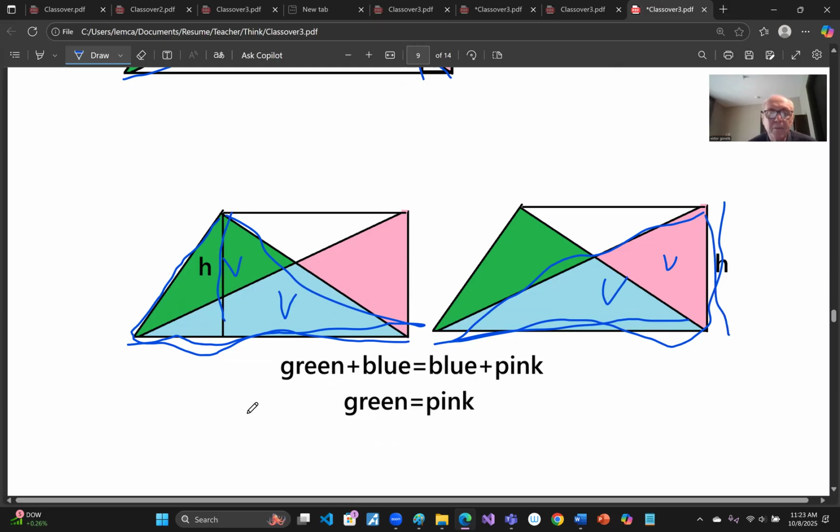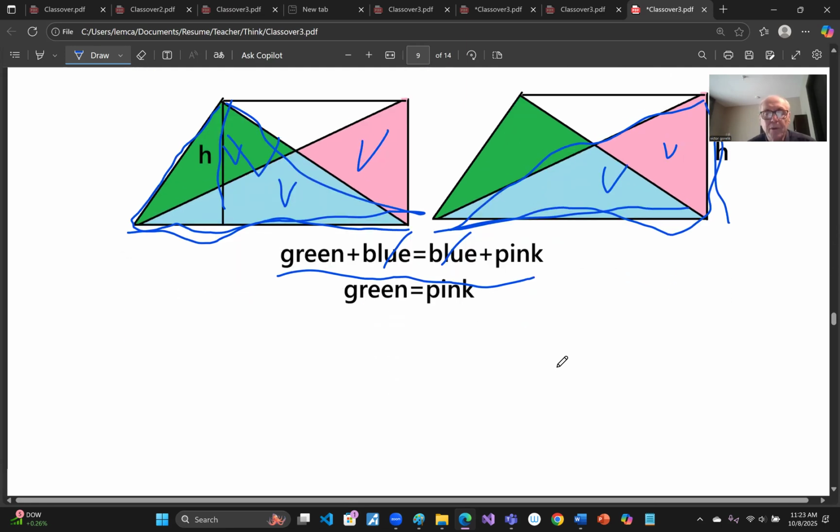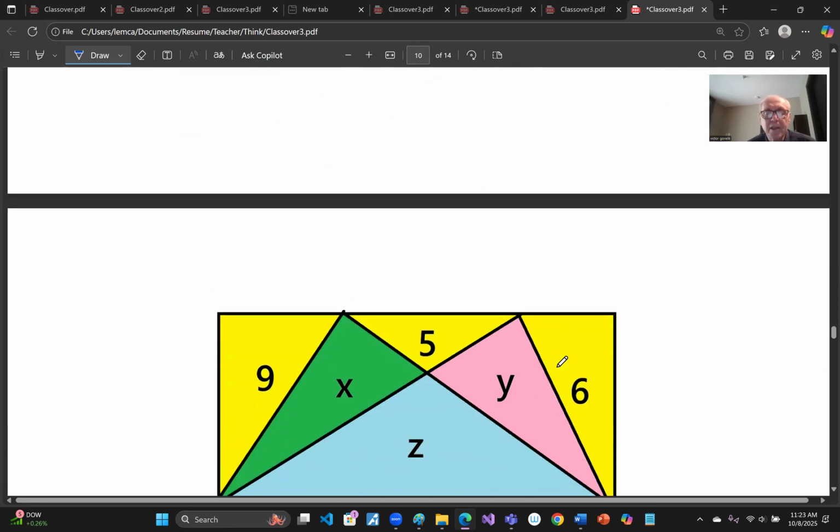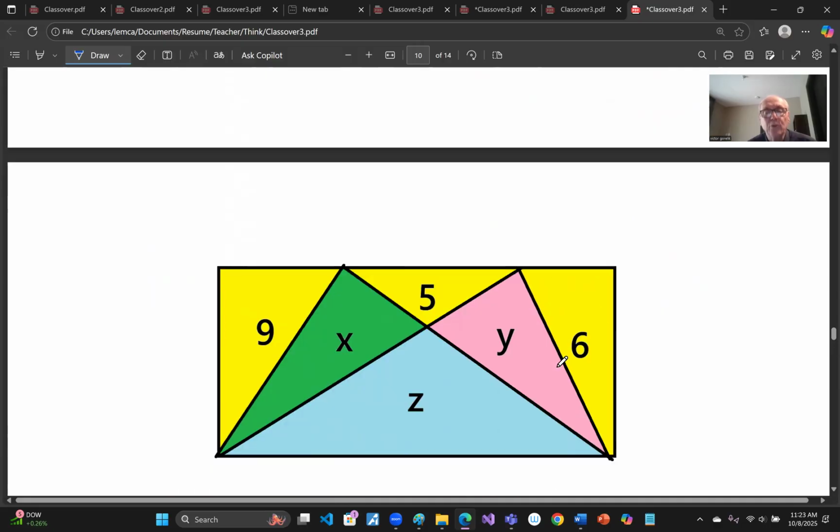So green plus blue is equal to blue plus pink. We cancel blue and see that the green area is equal to the pink area.